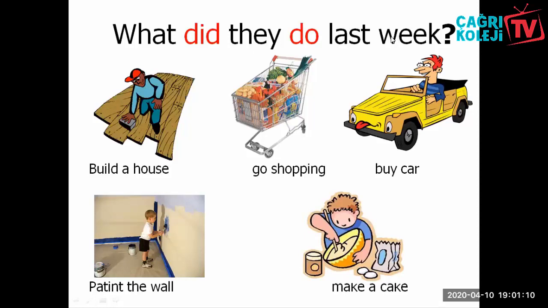What did they do last week? Build a house, go shopping, buy a car, paint the wall, make a cake. All you need to do is change these verbs into the second form of the verb. So let's see what they did last week.